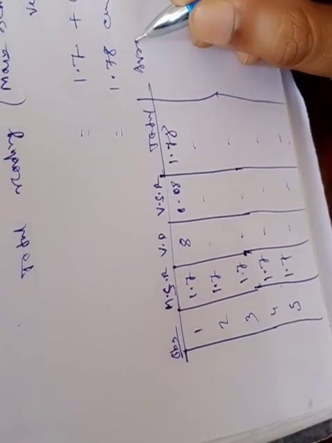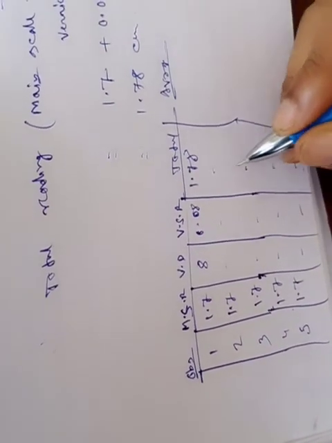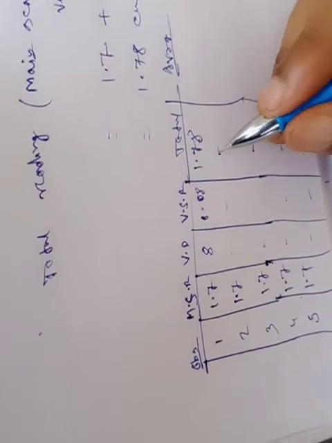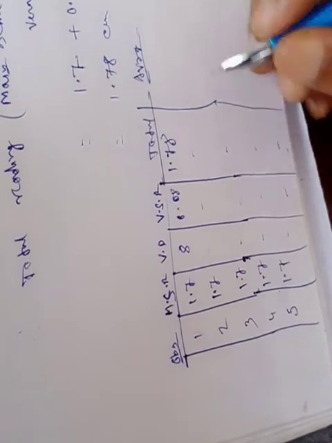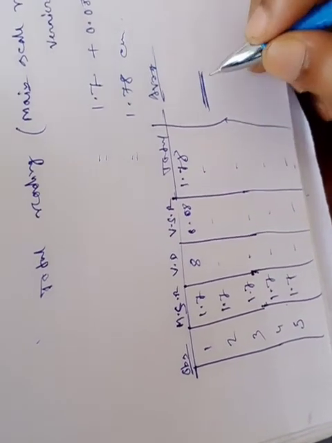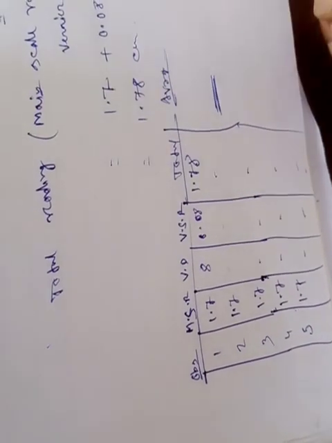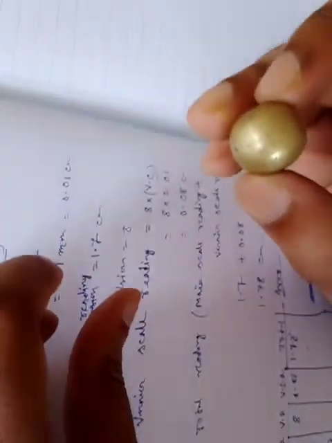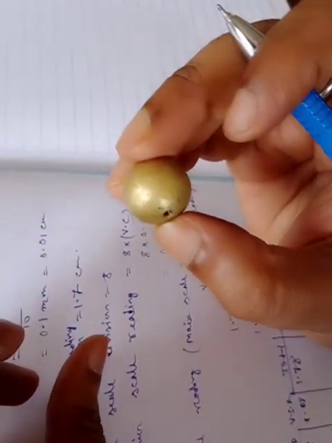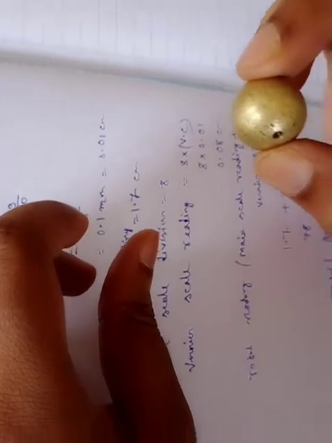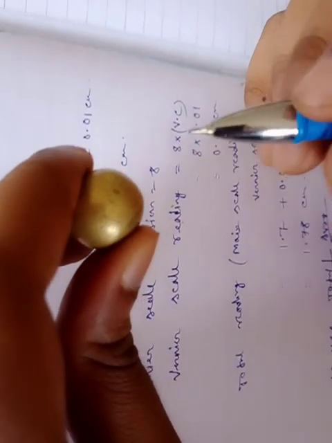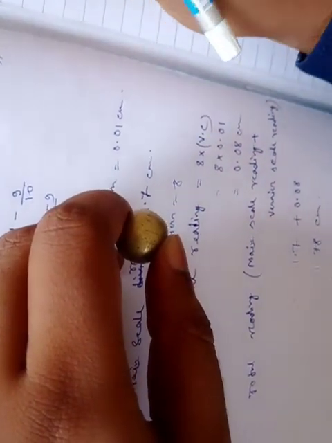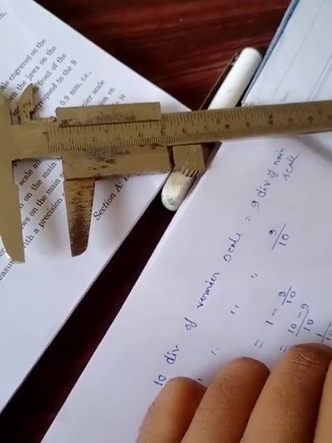At last, with 5 total readings, you add them and divide by 5, then we get the average value, which is the result. That means the actual diameter of this spherical ball. In such a way you have to calculate the diameter of a spherical ball by using these vernier calipers.